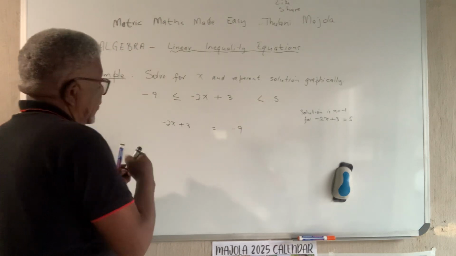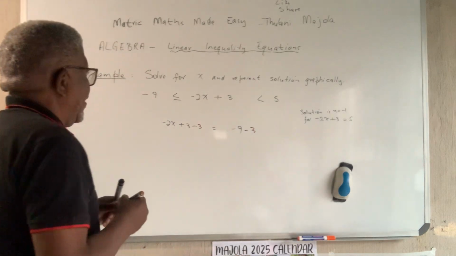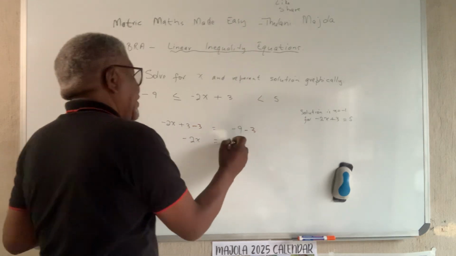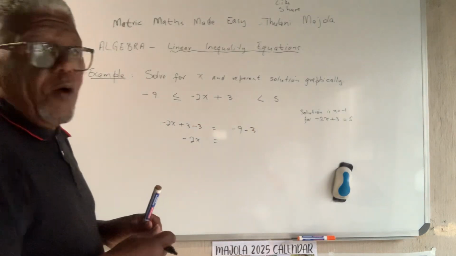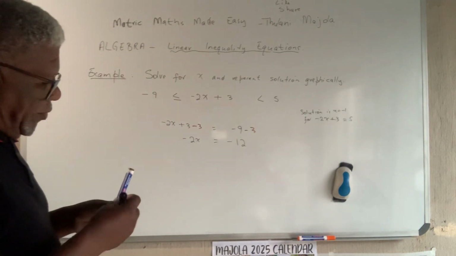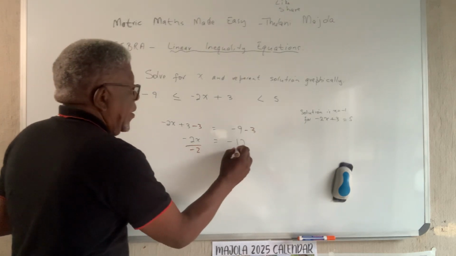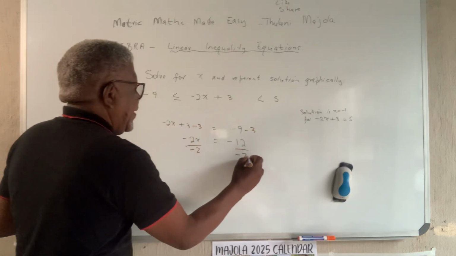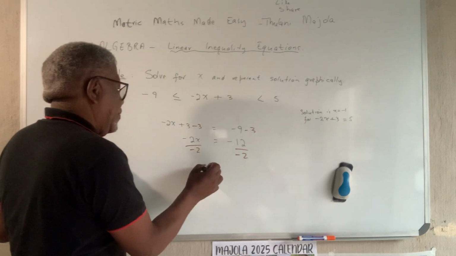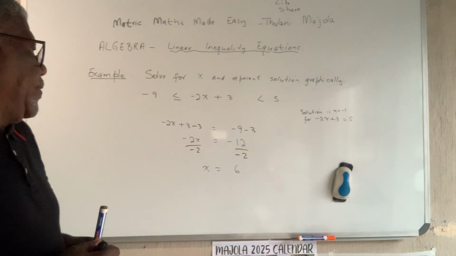You subtract the 3 from both sides because you want to isolate x, and you end up with negative 2x equals negative 9 minus 3, which is negative 12. Now you want to isolate x again, so we divide by negative 2 on both sides. Negative divided by negative is positive, so x equals 6.